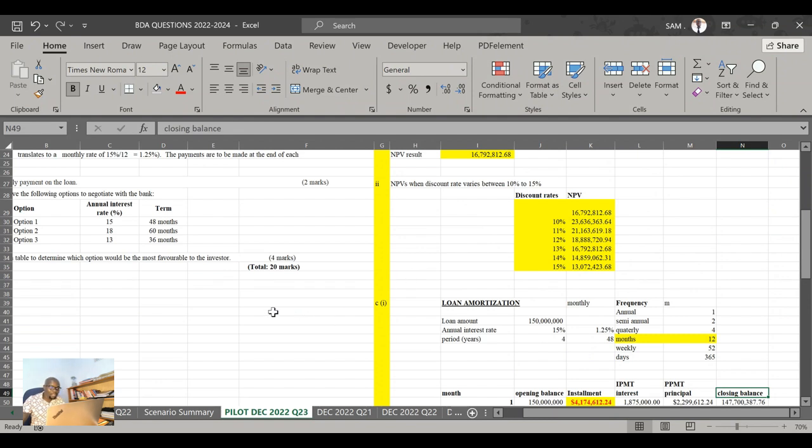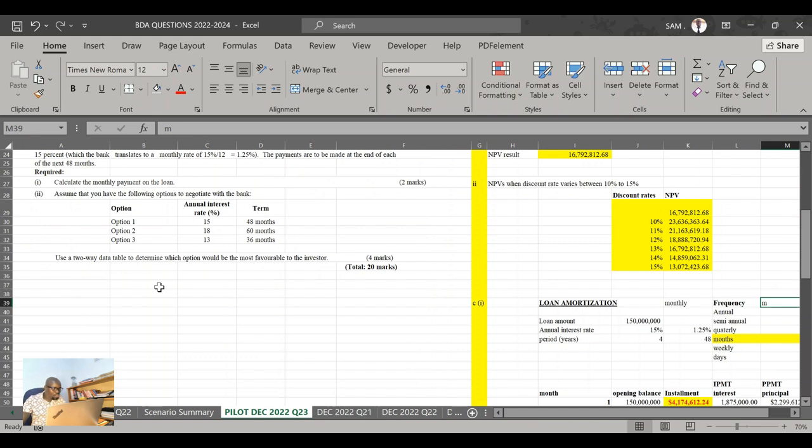Now, I'm here to take you through this concept. How do we apply a two-way data table, which the examiner is also telling us here, by saying, use a two-way data table to determine which option will be most favorable to the investor. An investor has these options from the bank.